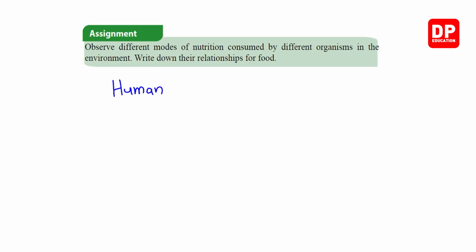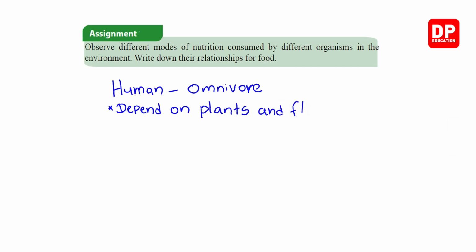So you know that humans are heterotrophic and mostly humans are omnivore organisms. Omnivore organisms, right? And humans are depending on plants and the flesh of other organisms.